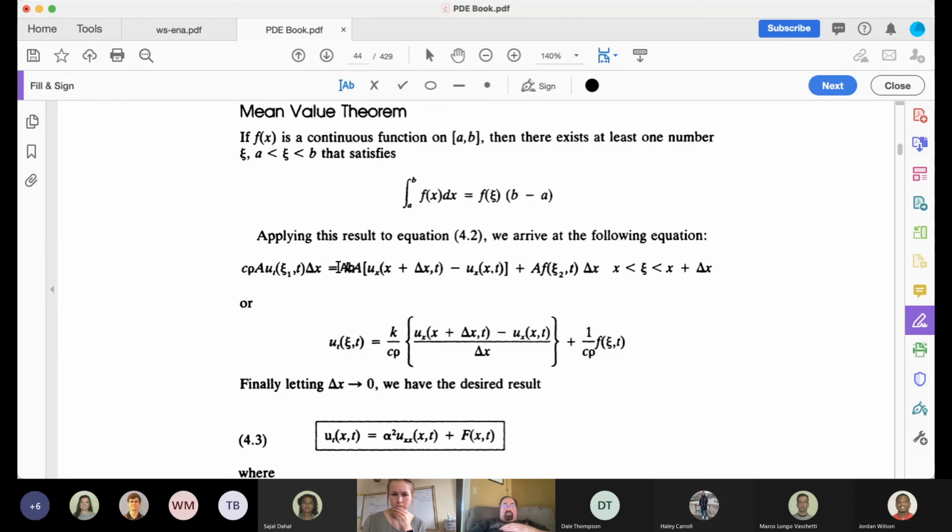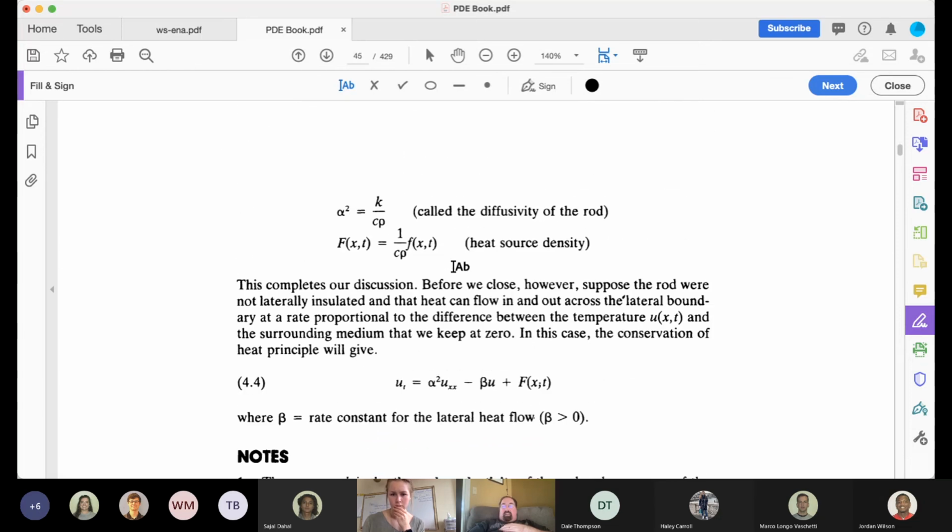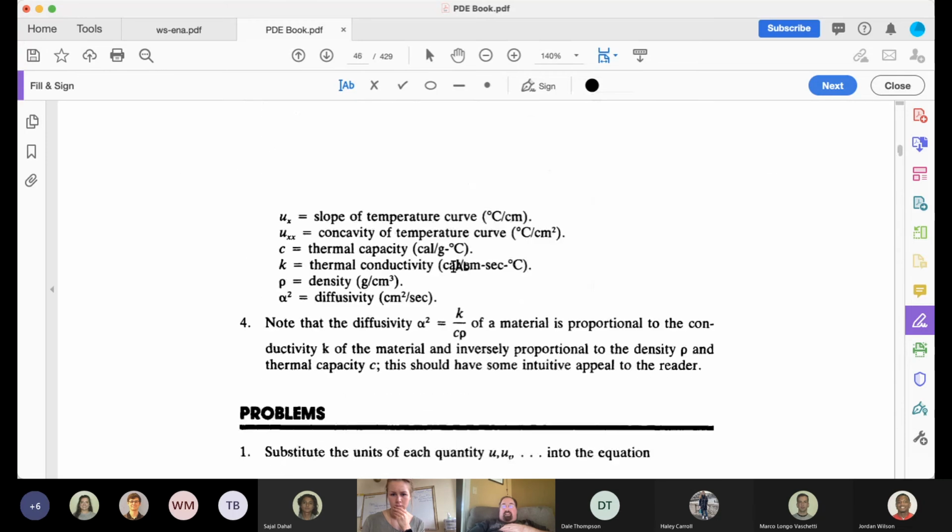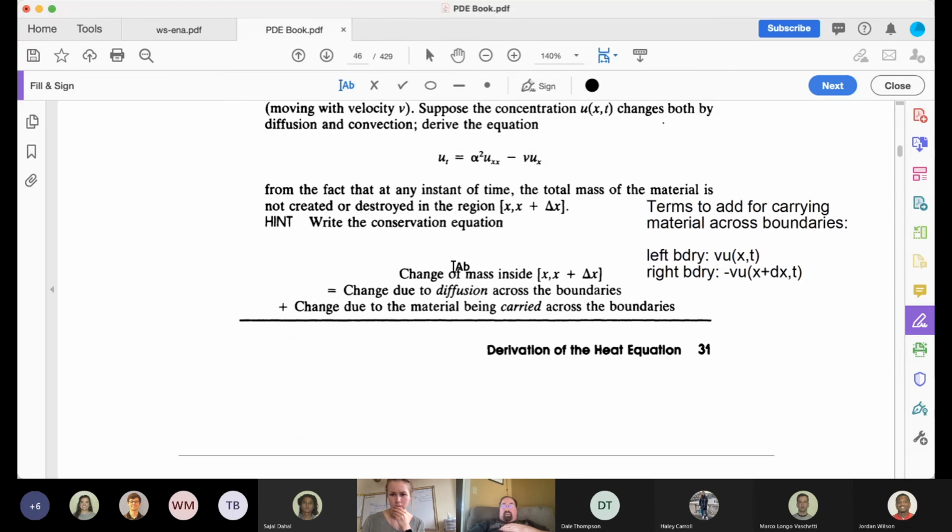Just as those terms led to uxx, the terms I just described can lead to an inclusion of ux, by applying the fundamental theorem of calculus like I showed you on Monday. Oh, actually, I do need to include the cross-section area, just to make sure everything works out like it's supposed to.